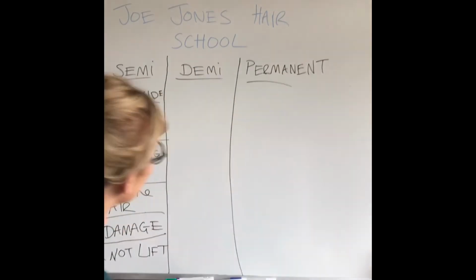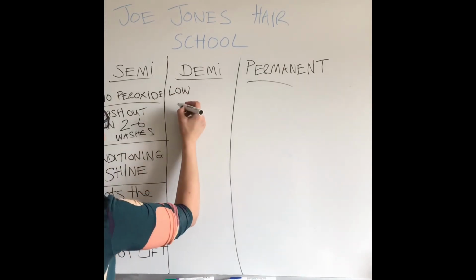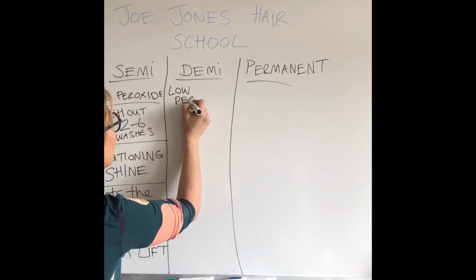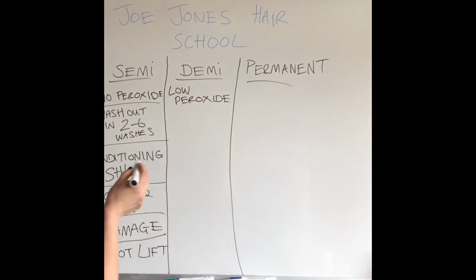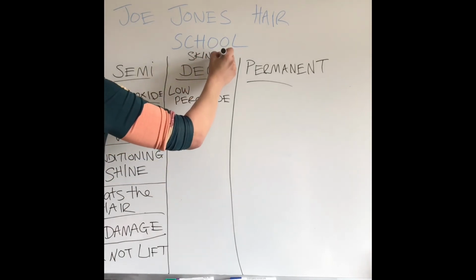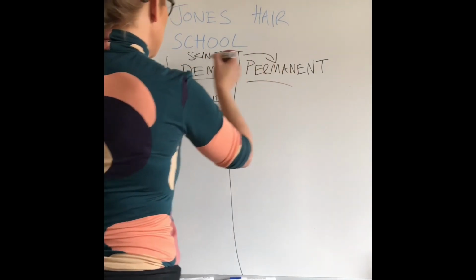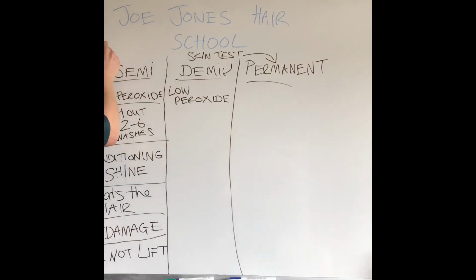Now demi-permanent colours: low peroxide. You need to do a skin test on these too. Skin test, this is really annoying me.